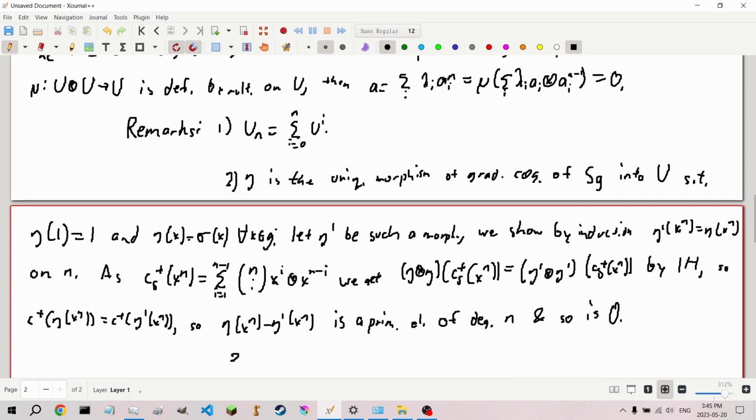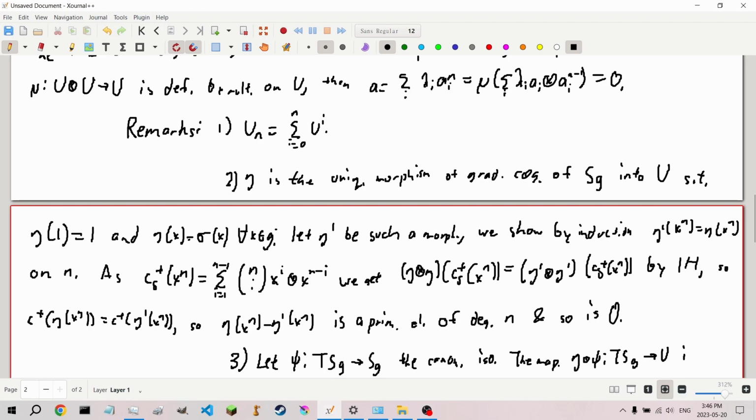Now for part 3, let phi be the canonical isomorphism from Ts of G into S of G. The mapping then of eta composed with C of Ts of G into U is called canonical.